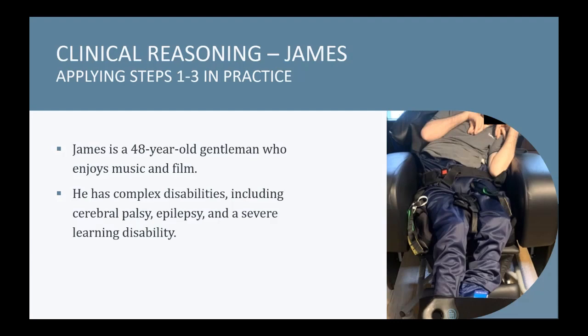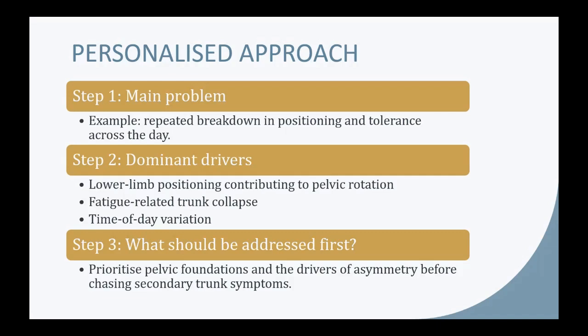That's what we're here for, right? As clinicians, we're here to advocate and improve quality of life. That is the end goal. It's just how we get there through those clinical factors, clinical implications, and some of those drivers that we see. So let's have a look at James then and work through that personalised approach.